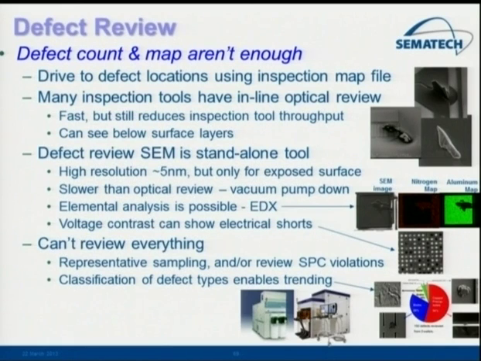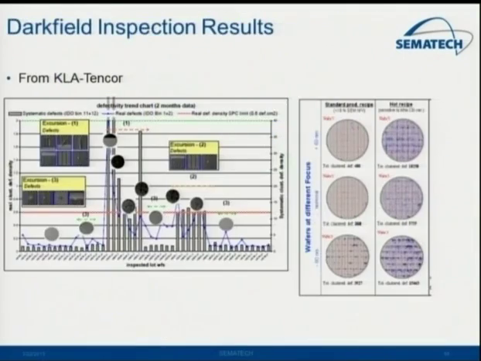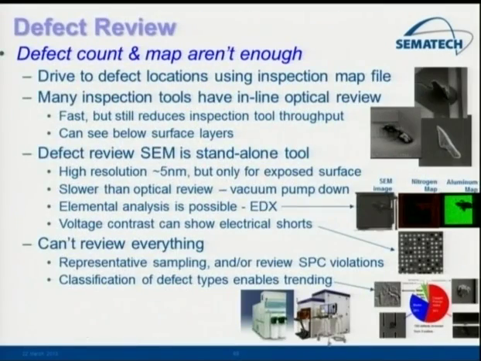These tools, typically also based on scanning electron microscopes, are called defect review SEMs. They take the maps from these other tools. For example, they may take this defect map and then have that coordinate system and then go to that defect and take a picture of what that defect looks like. That already gives you some indication of what the source of that defect may be.